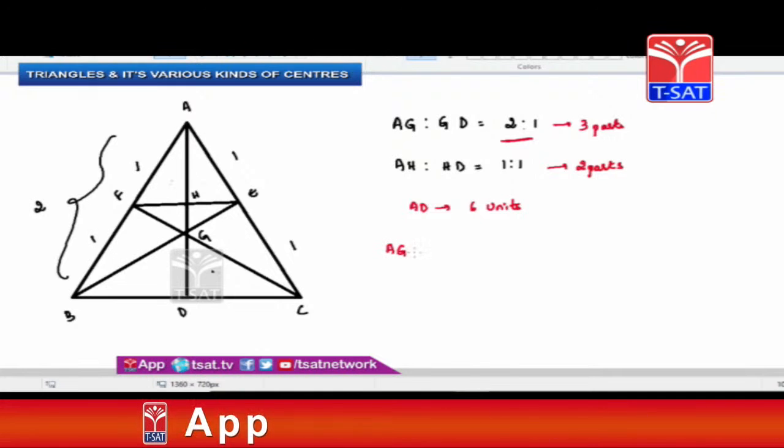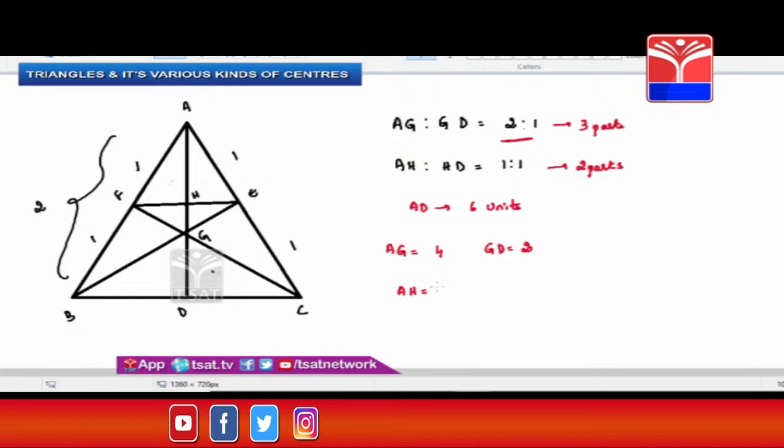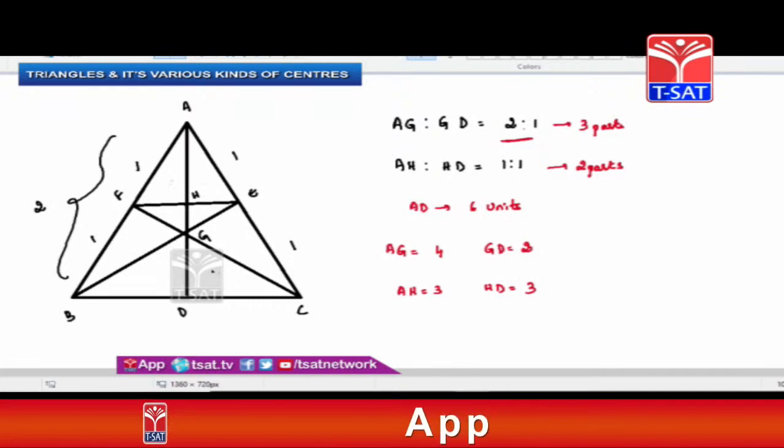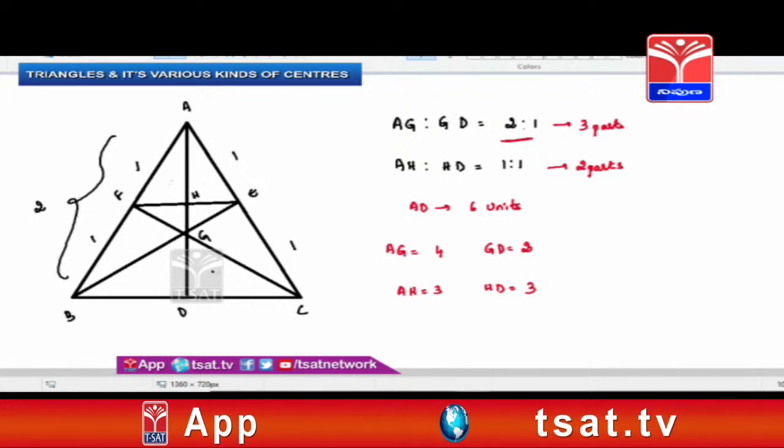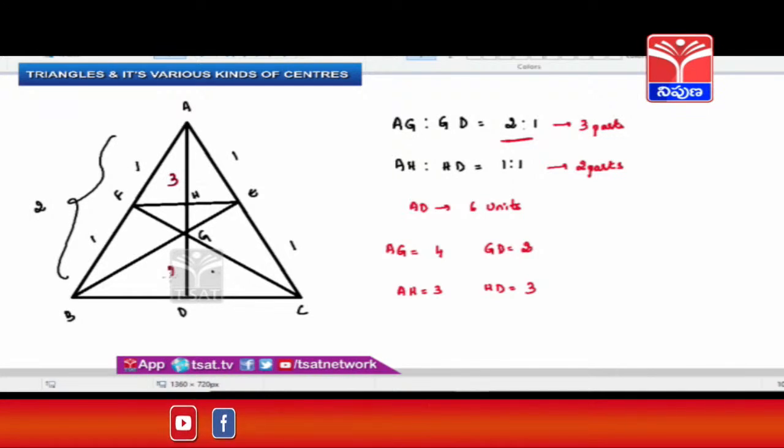Therefore, AG is 2 out of 3 into 6, which is 4. GD is equal to 2 units. In the same manner, AH is equal to 3 units. HD is equal to 3 units. If you take it, AH is 3, GD is equal to 2, remaining is 1.